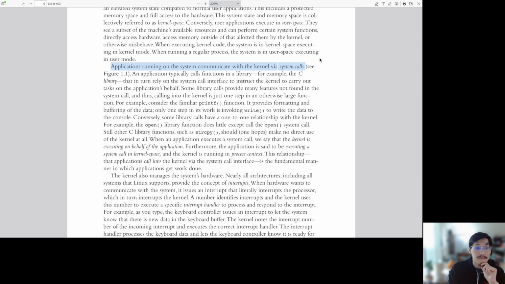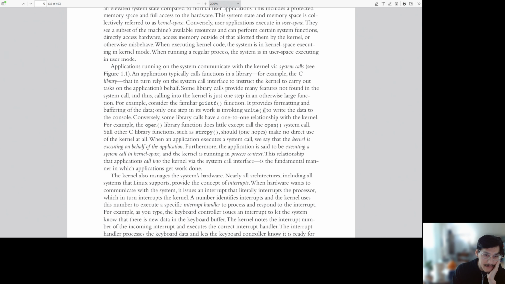For example, consider the familiar printf function, so getting something to print on the console. It provides formatting and buffering of the data. Only one step in its working is invoking the write system call to write the data to the console. Okay. So this is actually the system call that is invoked underneath the hood when you call printf.